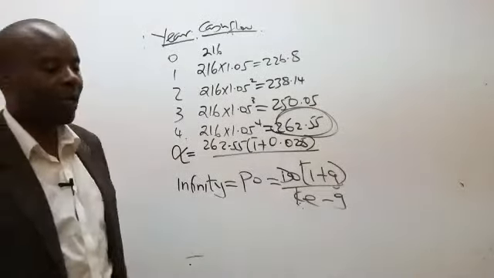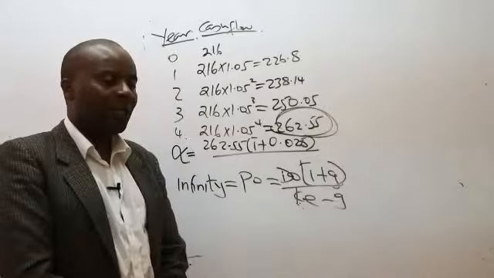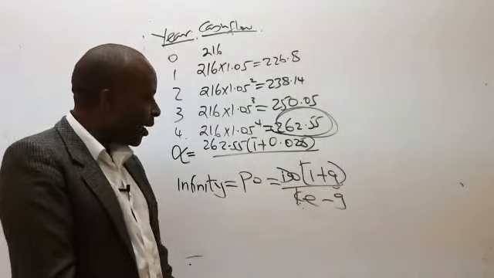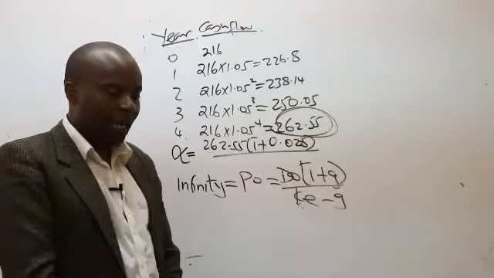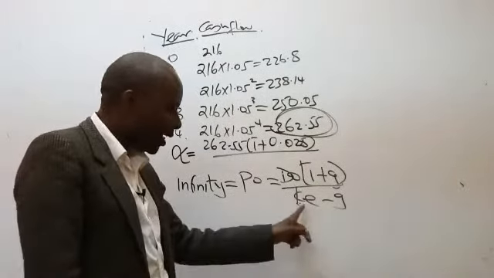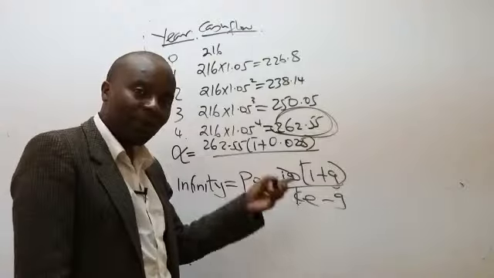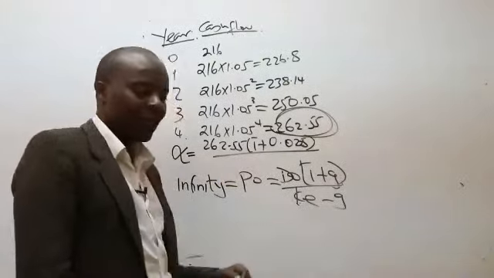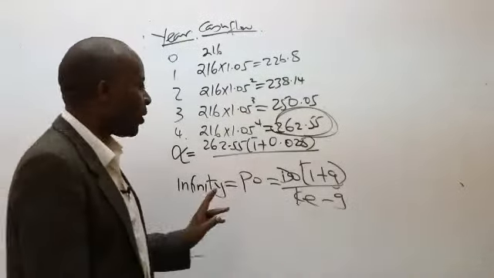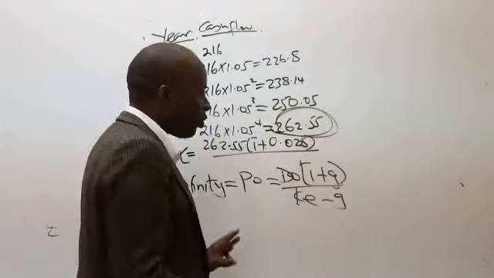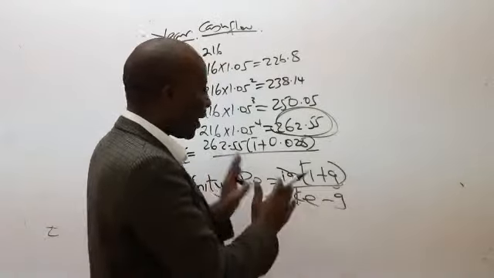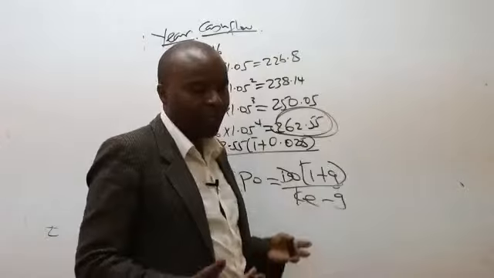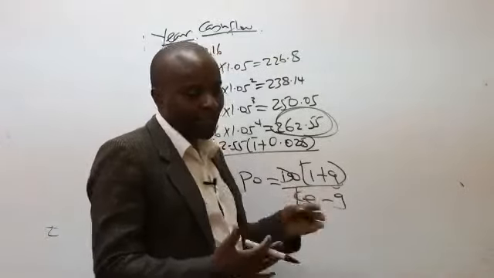Is there anybody who can remember Ke, the cost of equity? Ladies and gentlemen, here you have to be very careful. Remember, whenever it comes to valuation of an organization, we normally talk of Ke minus g simply for purposes of getting a deeper, broader understanding of the subject.